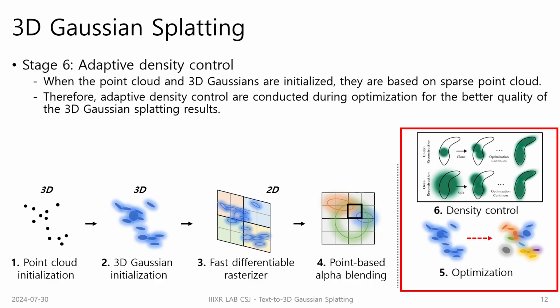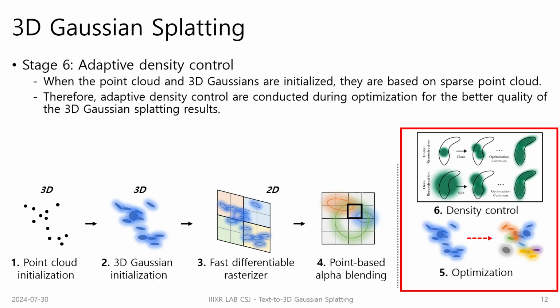This involves removing 3D Gaussians that are nearly transparent due to very low opacity, and duplicating 3D Gaussians in empty spaces, or splitting 3D Gaussians with a very large covariance to adjust the density.